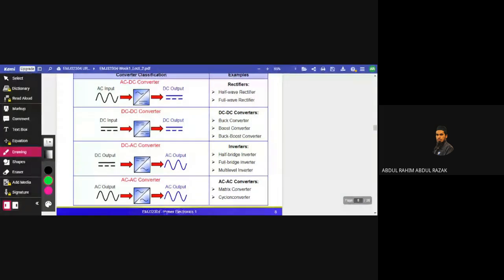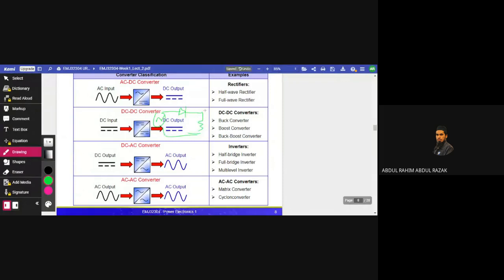Examples of circuits that we use for this kind of converter are the half-wave rectifier, the cheapest form of circuit, or the full-wave rectifier. We have seen before how the half-wave rectifier is composed of a single diode.